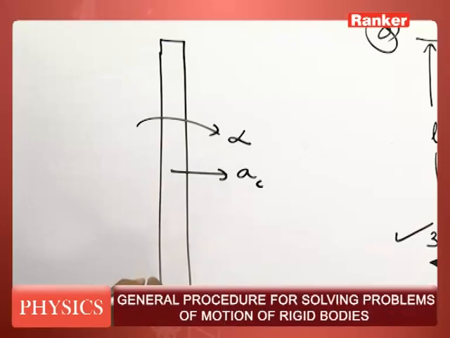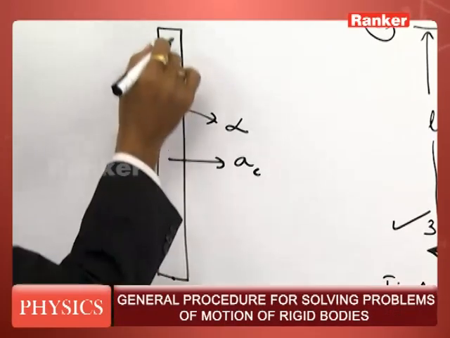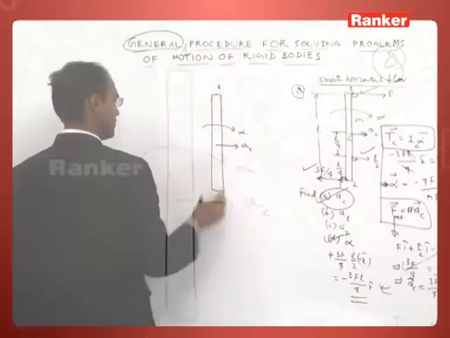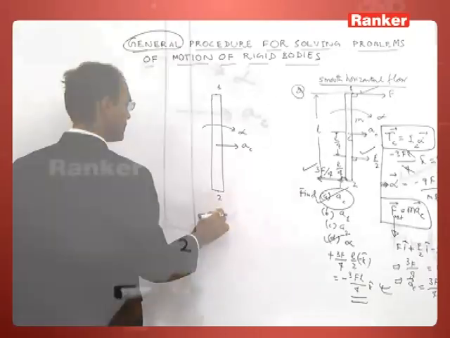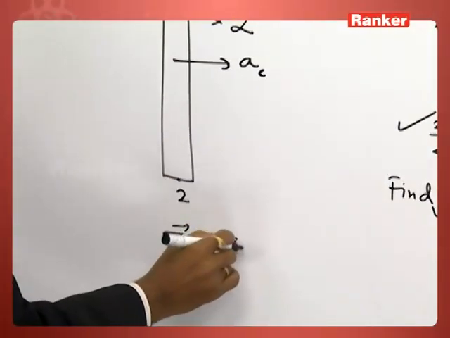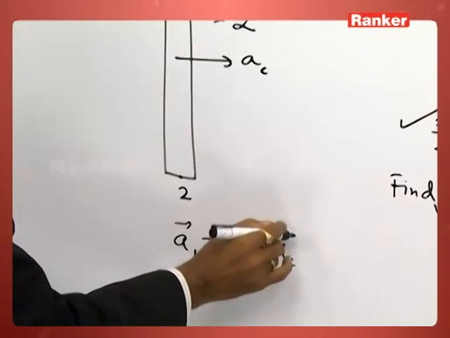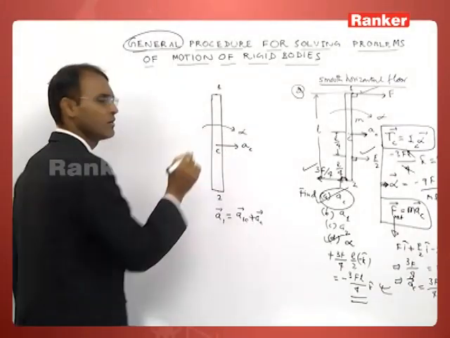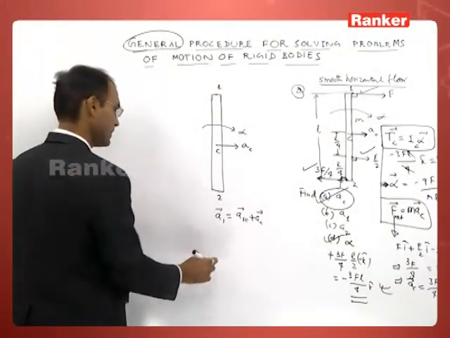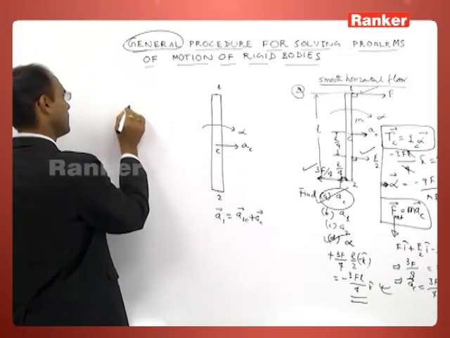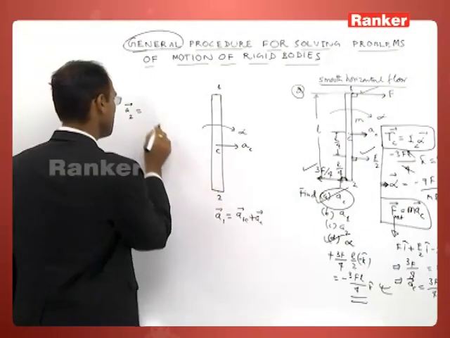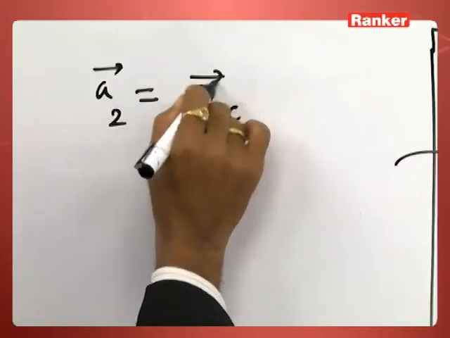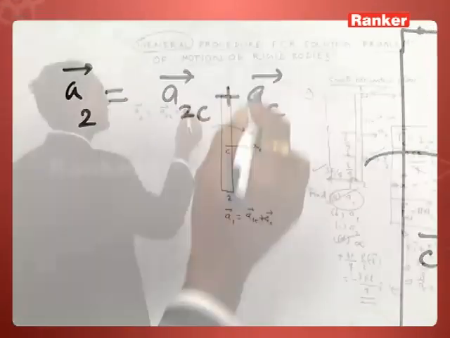This is point 2, this is point 1. Acceleration of 1 is equal to A1C plus AC. Acceleration of this point, A2 with respect to ground, is equal to A2C plus AC.